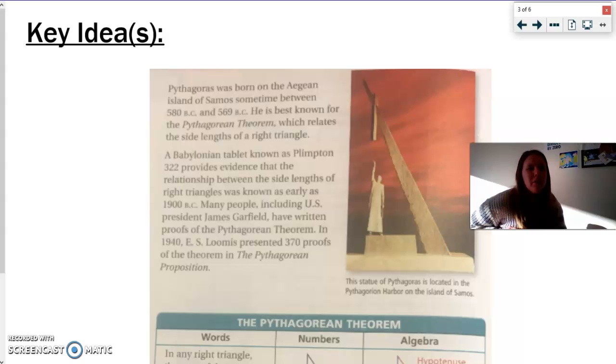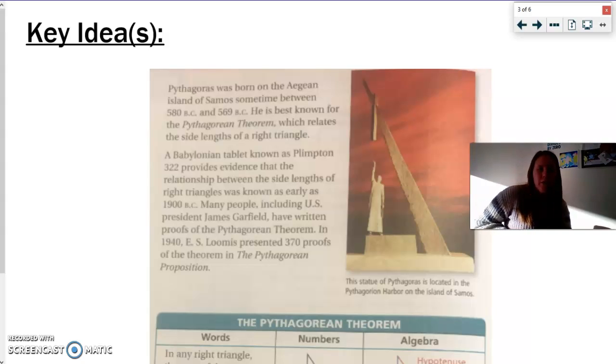He is best known for the Pythagorean theorem, which relates the side lengths of a right triangle. A Babylonian tablet known as Plimpton 322 provides evidence that the relationship between the side lengths of the right triangle was known as early as 1900 BC.